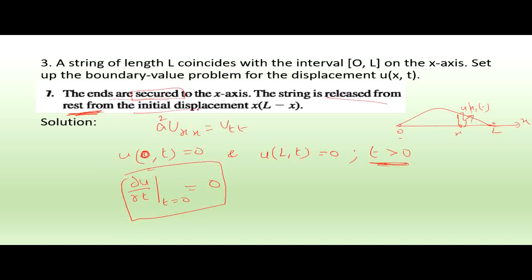And the initial displacement is u of x comma 0, which is x times L minus x. This is for all x, 0 less than x less than L.